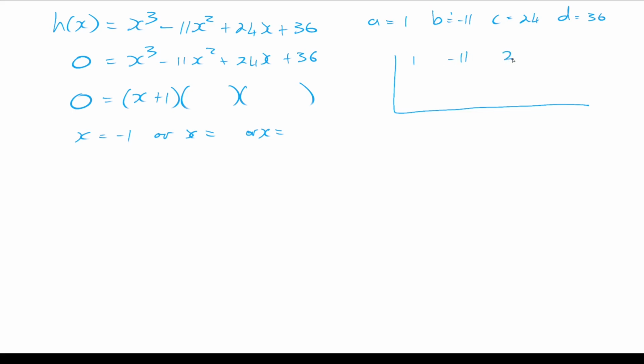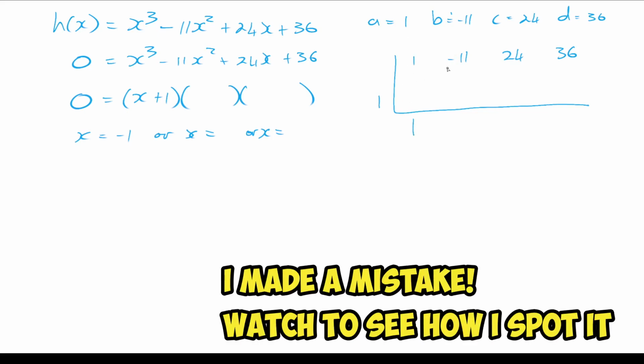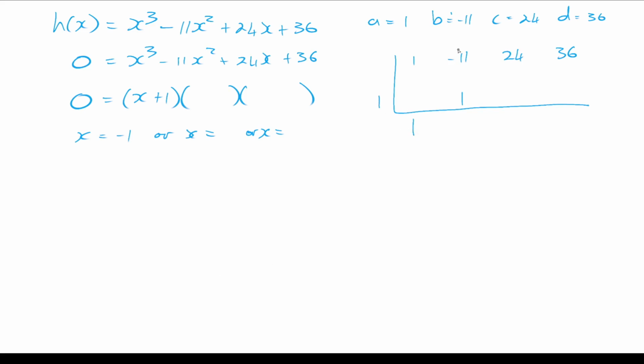Oh, I forgot to change colors. We'll just have to cope. Okay, 1. This guy just drops down, boink. This guy times this guy is 1, which gives me -10. This times that is -10, which gives me 14.